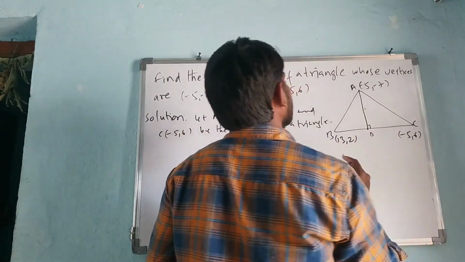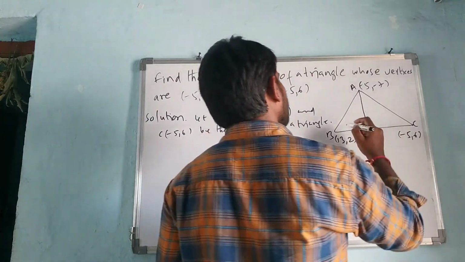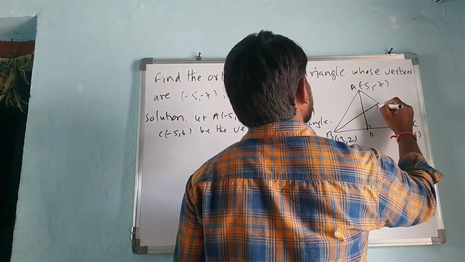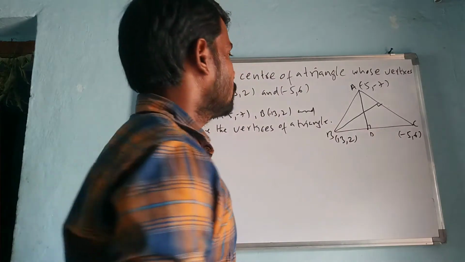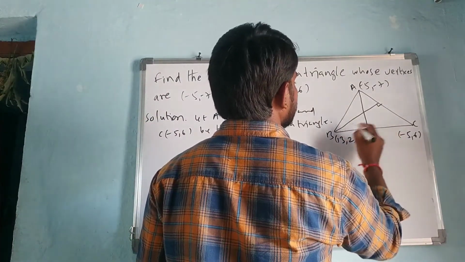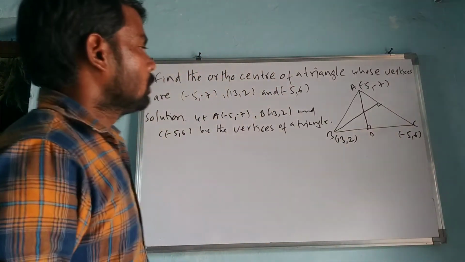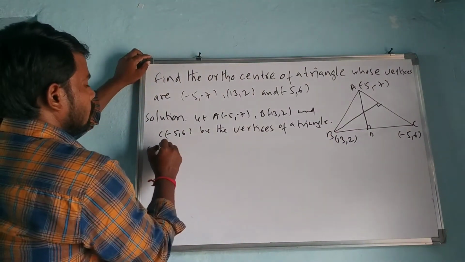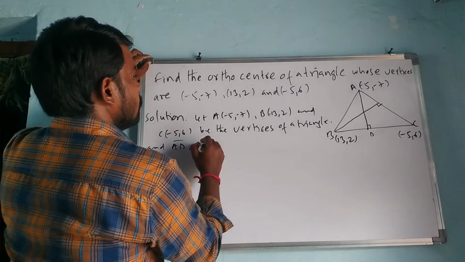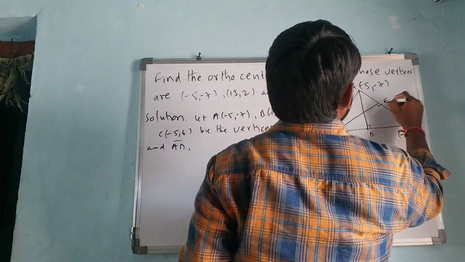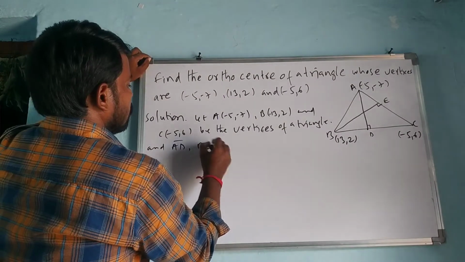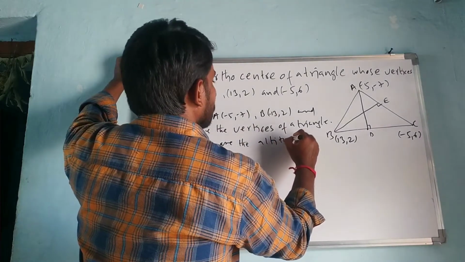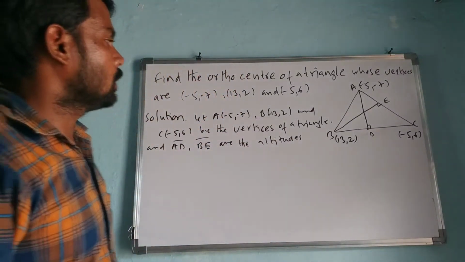Similarly, take one more altitude from B perpendicular to its opposite side, and let us say this is E. AD and BE are the altitudes.